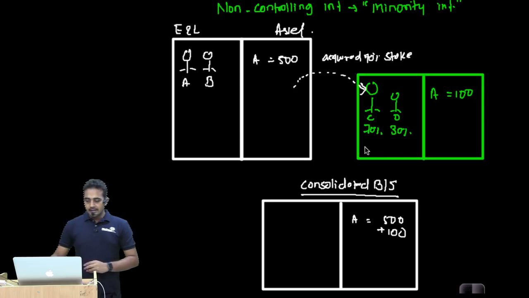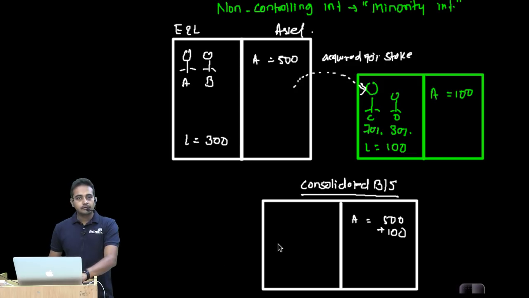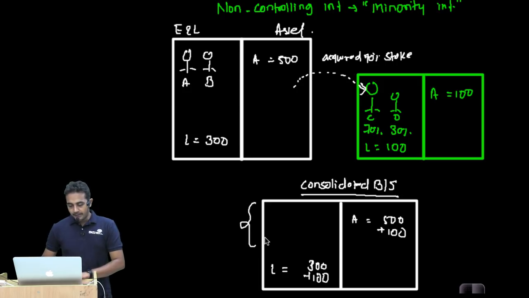Are you following this? In the same fashion, if this firm had a liability of, let us say, 100, and this firm has a liability of, let us say, 300, when we prepare consolidated balance sheet, we will say liability of 300 plus 100. We are just going to add up the balance sheets horizontally, everything that's there on the balance sheet, but we don't add up the equity because the number of shares might have not increased.